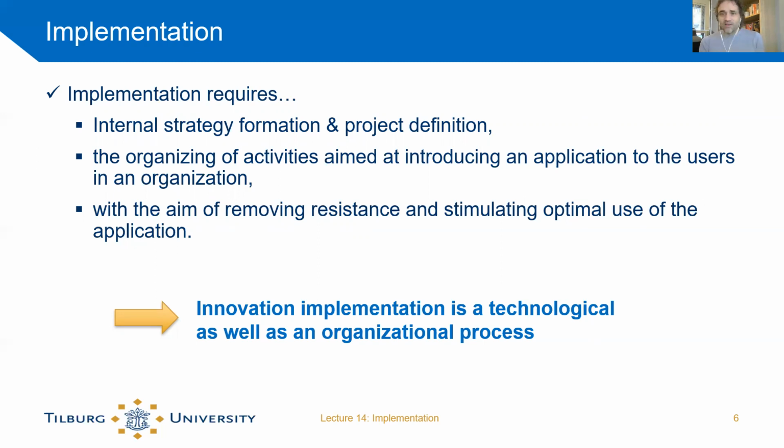You have to formulate a strategy of what you want to accomplish. Okay, we want everyone to use this innovation within half a year. So strategy formulation, project definition. Then you want to formulate concrete strategies or tactics that are aimed at introducing the application to the users, so that you actually remove resistance and stimulate the use of that technology.